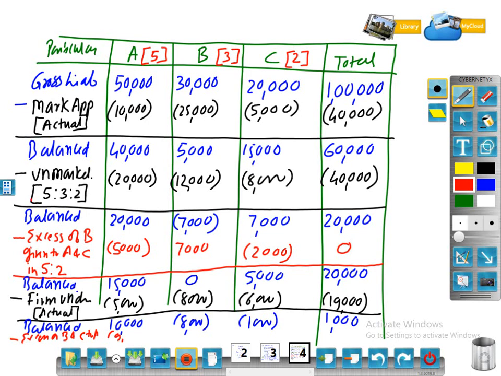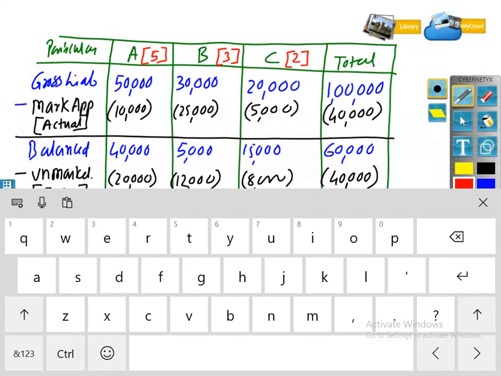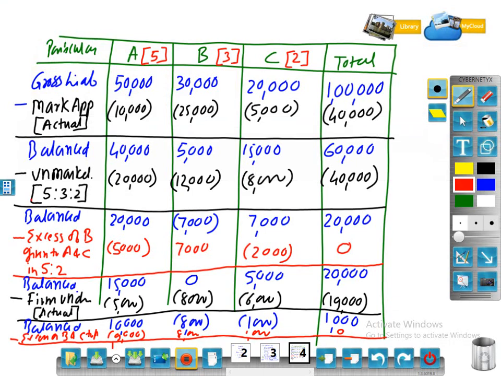So here 9,000, here 8,000 and here 1,000. It becomes 0. So all that 1,000 shares, who has to take? Mr. A has to take that 1,000 share, because 10,000 minus 9,000 becomes 1,000.